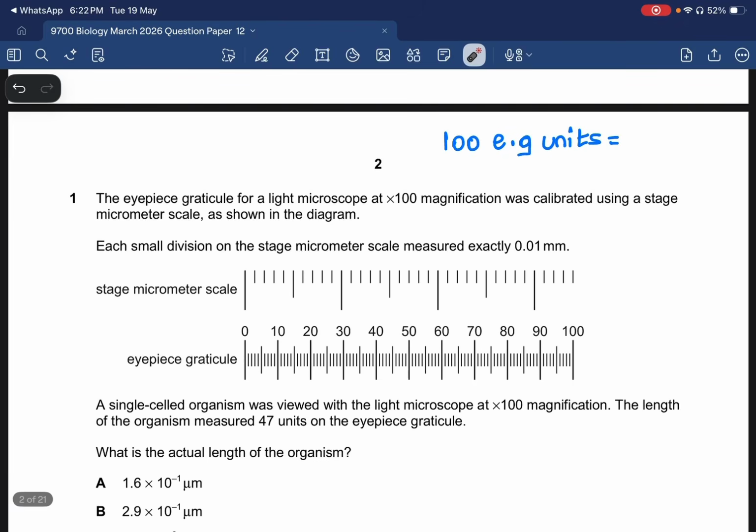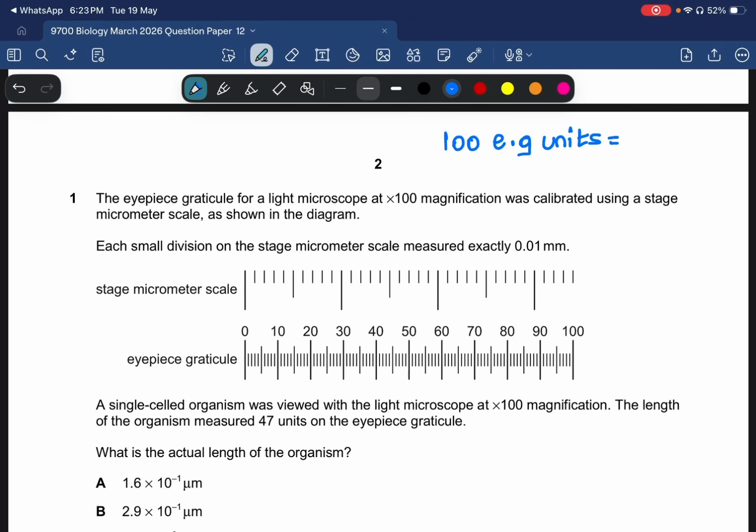Counting along the stage micrometer, this is 0.1, 0.2, 0.3, 0.31, 0.32, 0.33, 0.34 millimeters.